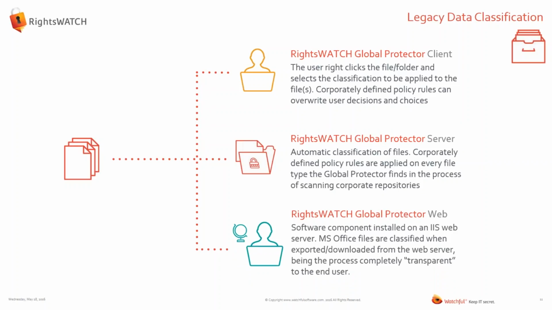So the RightsWATCH Global Protector Web is actually a software component that is installed on an Internet Information Services web server and operates independently of any agent or plugin running on the endpoint. So Microsoft Office files are classified when they are being exported or downloaded from the web server, and this process is completely transparent to the users.